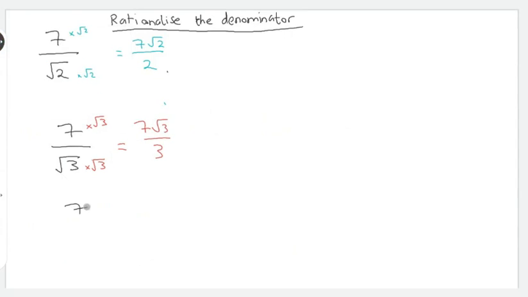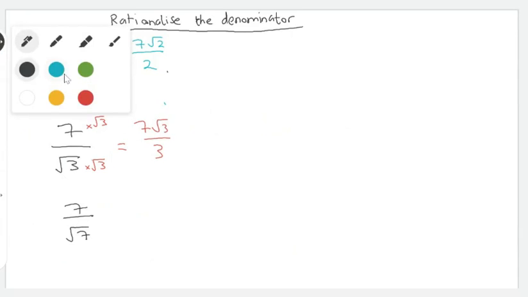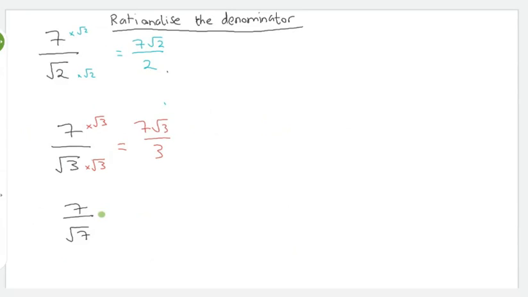Let's go 7 over the square root of 7. What then? You would multiply both by root 7. Okay. And that gives us root 7 root 7 over 7. Okay, so 7 root 7 over 7.